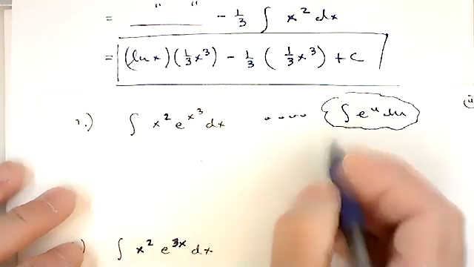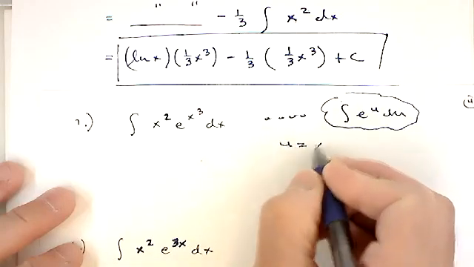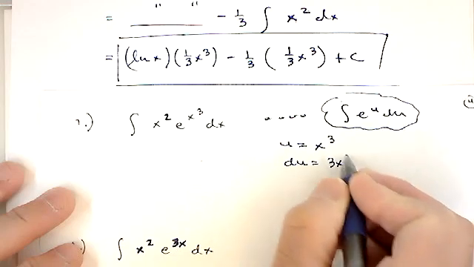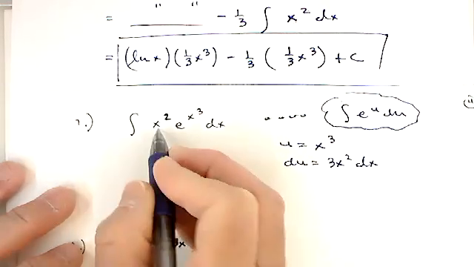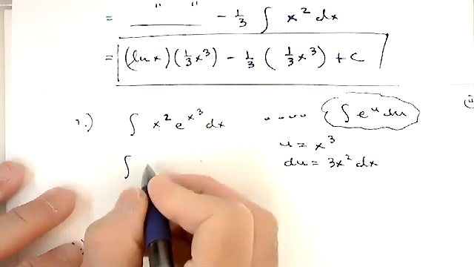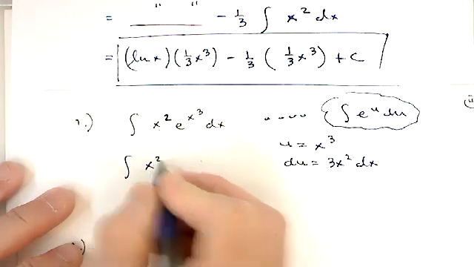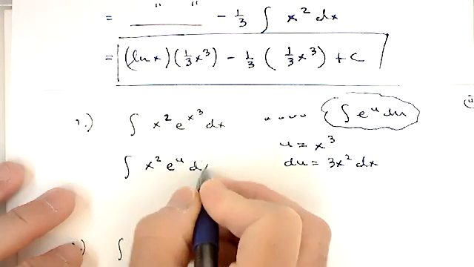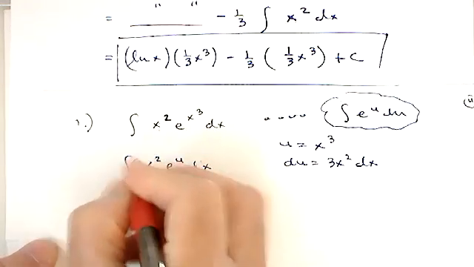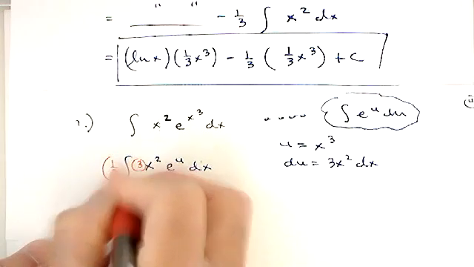This one works because if u is equal to x cubed, du is equal to 3x squared dx, which I almost have here, huh? All I'd have to do is wish for a 3, compensate with a 1/3.